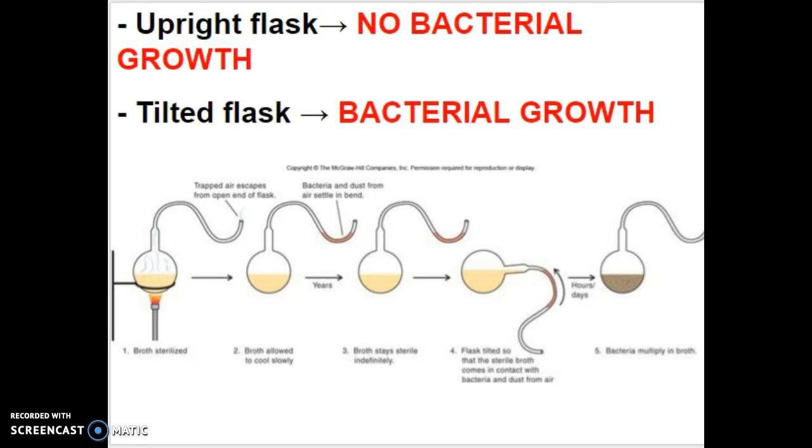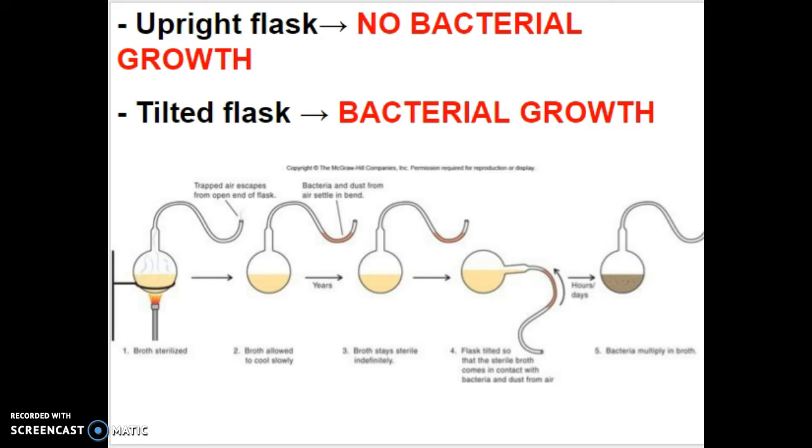So he took a special flask called a swan-necked flask, because the top of it looked like a long swan's neck. In the flask, he put some beef broth, and he sterilized it, heating it to make sure all of the microorganisms inside were killed.